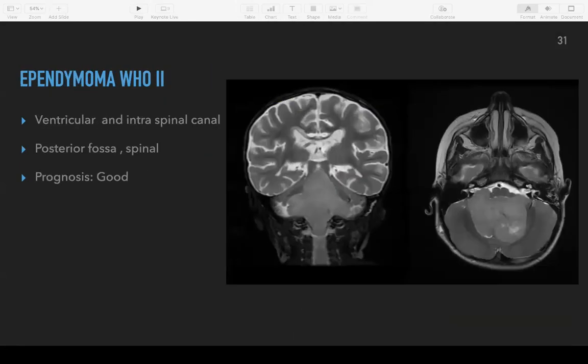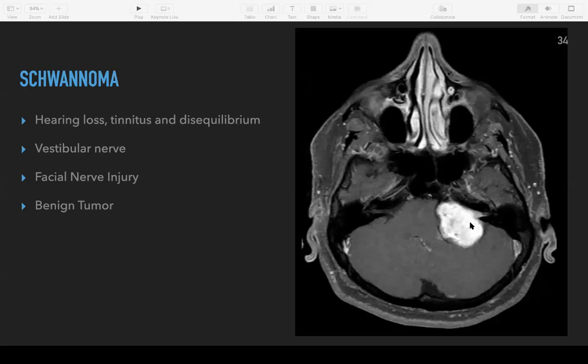While in schwannoma, we didn't have the dural tail, and also the enhancement is not homogeneous. So it is here some black, gray, white. So it is not like meningioma. And the other thing, it is going through the canal, so it is following the nerve.